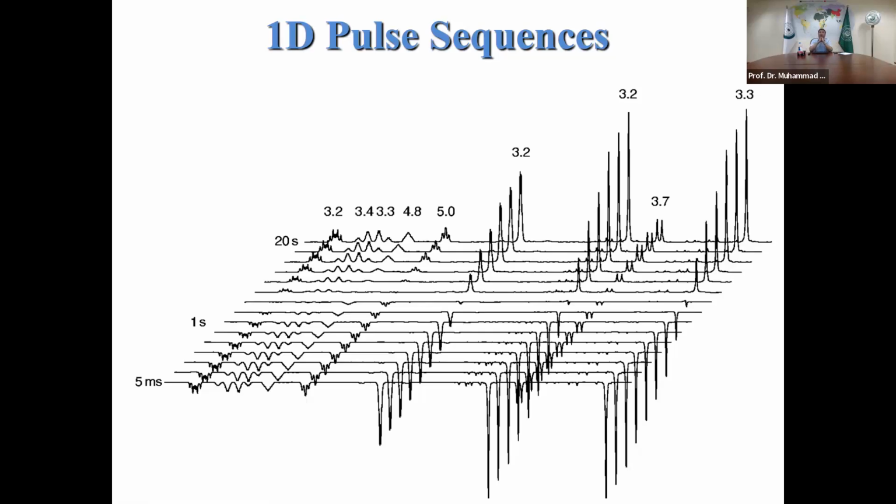Now, this is what is called relaxation by spin lattice, T1 time. So this is used for measurement of T1, and you can see that for different types of protons, the T1 is different, but don't worry about that.